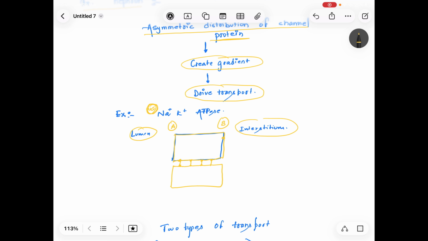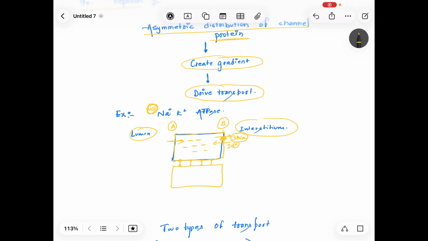So we have sodium potassium ATPase on the basolateral surface, which throws 3 sodium outside and brings 2 potassium inside. Overall, it throws 1 extra positive ion outside. So this creates a negative gradient inside the cell, which helps to bring 1 extra positive charge, which can be sodium or any positive charge, inside the cell.